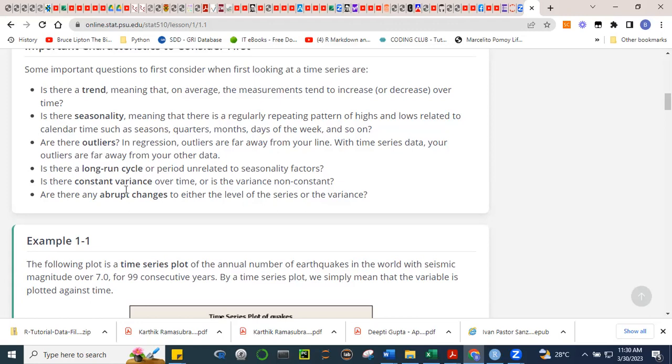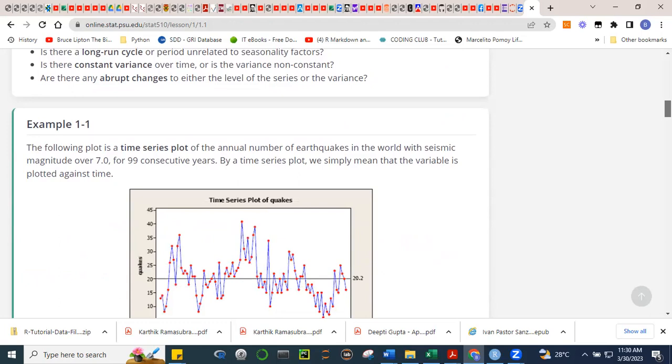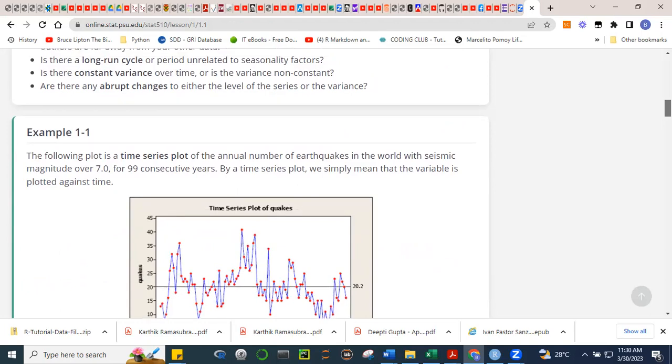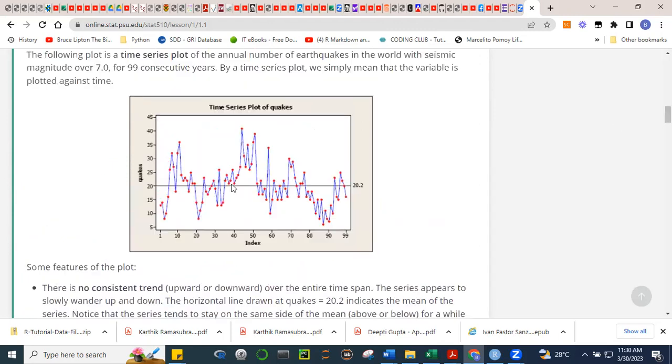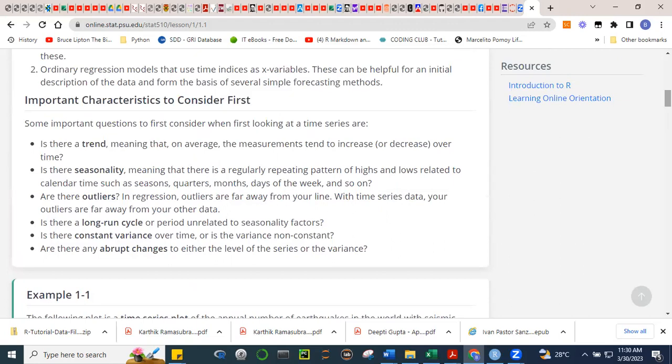And does the data display constant variance over time, or is the variance non-constant? Because if it's non-constant, then there should be a different way in order to model that data. Okay, are there volatilities? Are there abrupt changes? So these attributes we need to understand and know, and this can be analyzed by plotting the data. So if we plot the time series data, we can see if there's a trend, is there seasonality, are there outliers, etc.